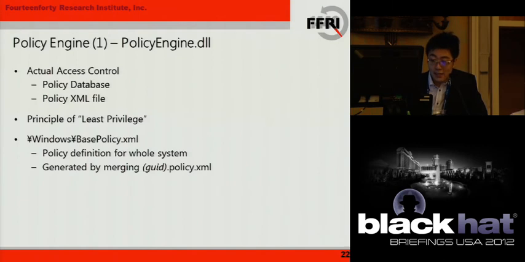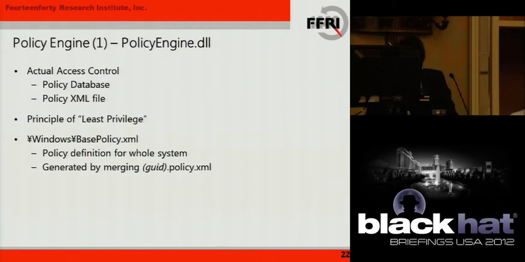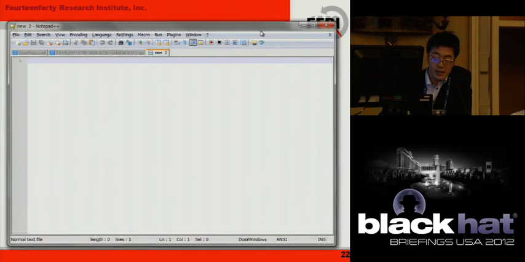Actual policy data is contained in the policy database in a specific location, but we can see the policy data by viewing the policy XML file, which is located in /windows/basepolicy.xml. So let's see this file. Okay, this is a basepolicy.xml extracted from the device.